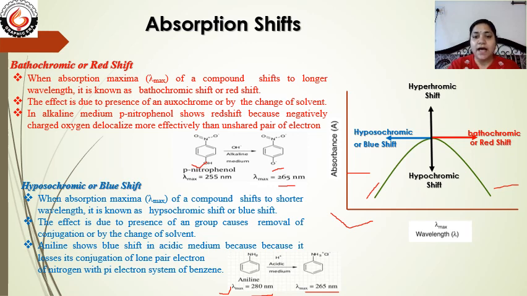But as this nitrogen has a lone pair, that lone pair is in conjugation with the double bonds. In acidic medium, it does not have that lone pair and so the conjugation is removed. So it shows a slightly lower lambda max. Here a blue shift takes place.